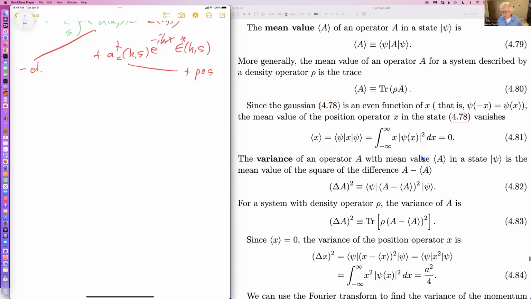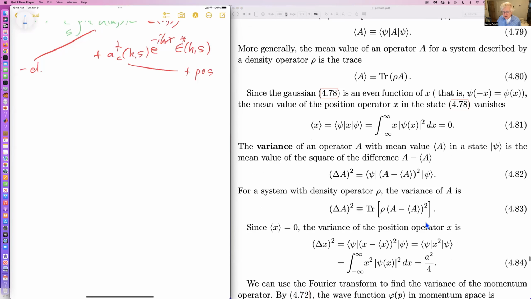The variance of an operator is the average value of the square of the difference between the operator and its average value. And so that is given by this expression.